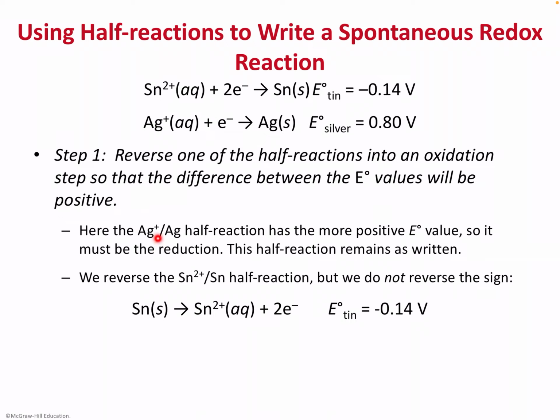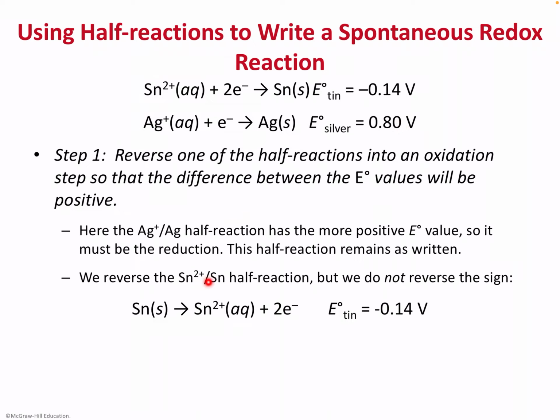Here the silver plus silver half reaction has the more positive E-note value. So it must be the reduction. The more positive one would be the reduction. Okay. Reduction happens at the cathode. This half reaction remains as written. So because the more positive one is going to be the reduction, you're going to keep it as it is. So we don't have to reverse it.